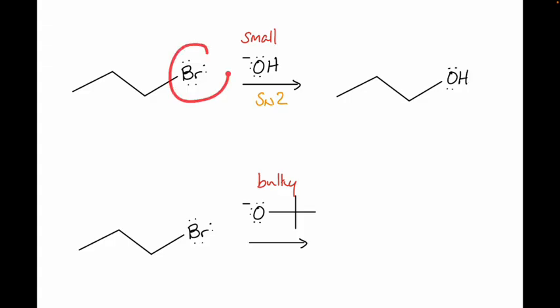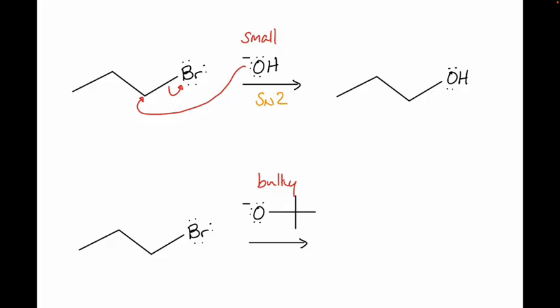We substitute out that halogen for that hydroxyl group, giving us what functional group in our product? An alcohol. And remember, if this was an SN2, that's because that hydroxide attacks that electrophilic carbon, kicking off that leaving group.